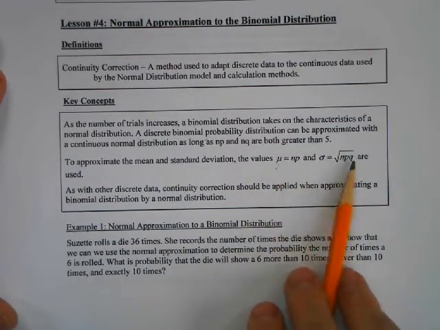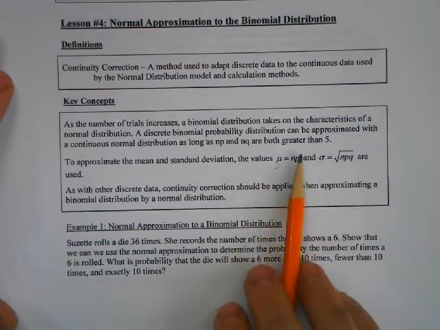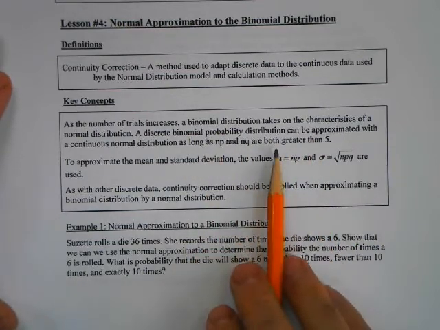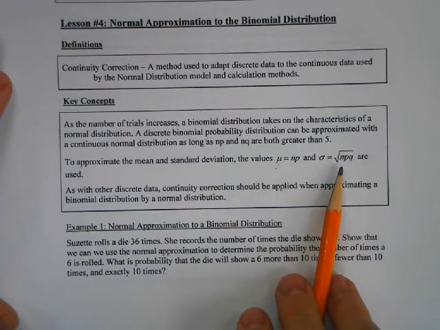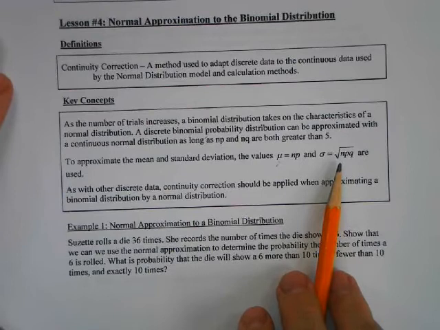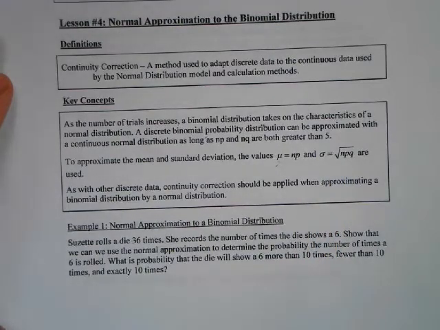So pretty straightforward formulas. We just have to test if we can go ahead, calculate our mean and our standard deviation, and then proceed as normal, as though instead of it being a binomial distribution, we've now changed it to a normal distribution.